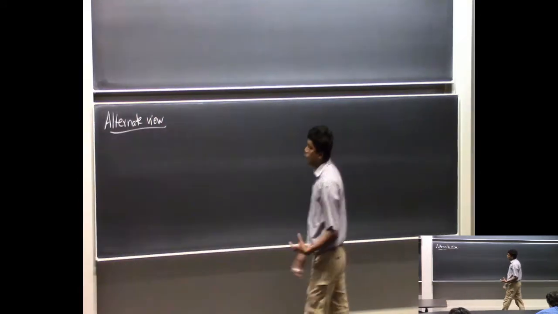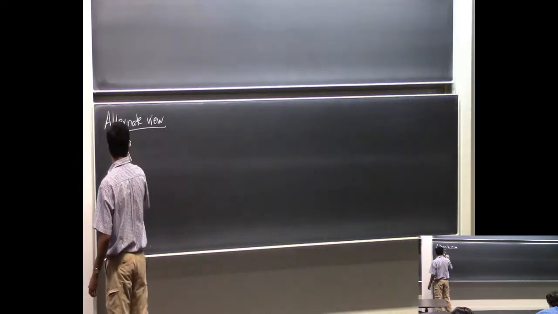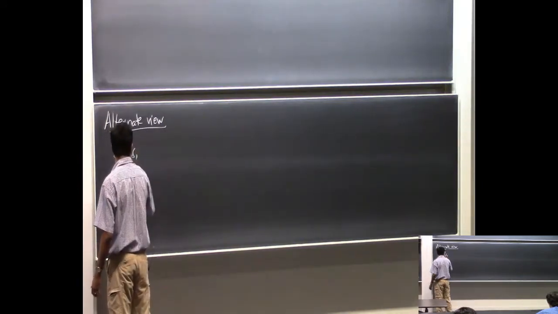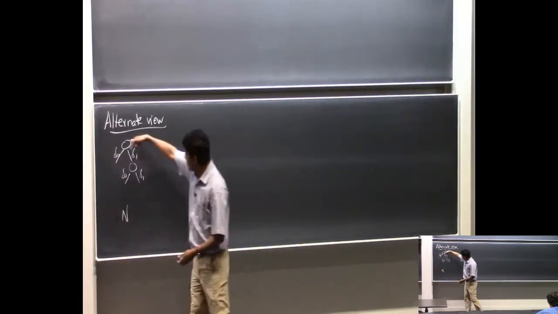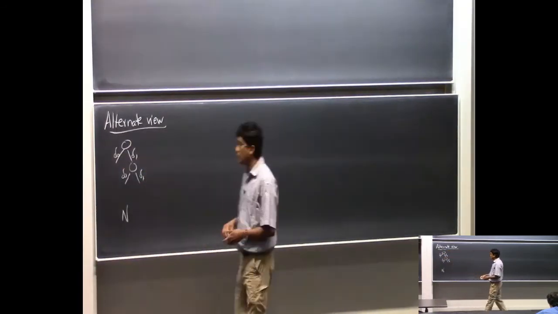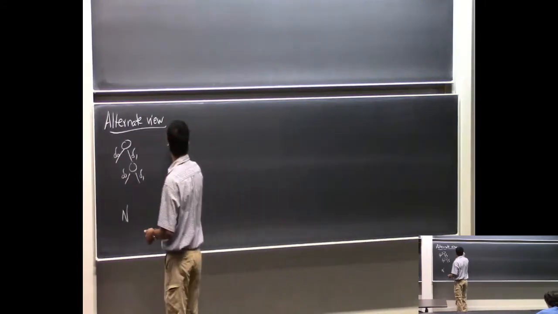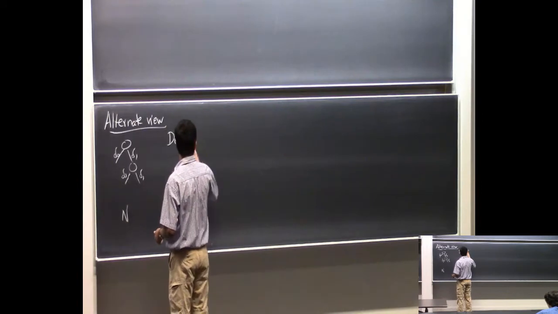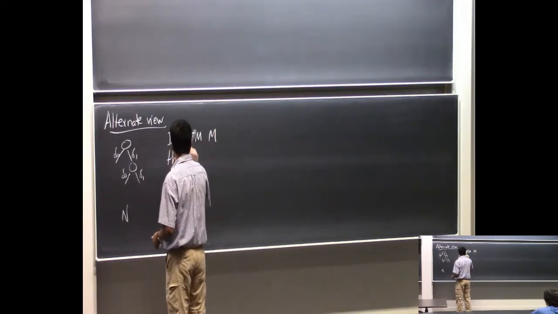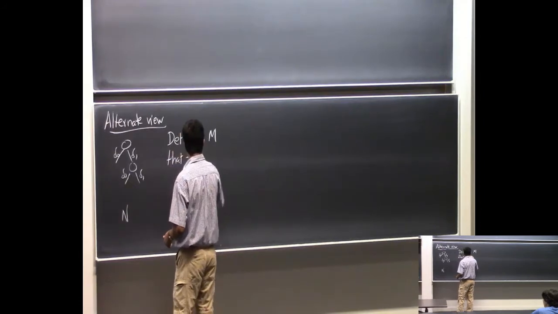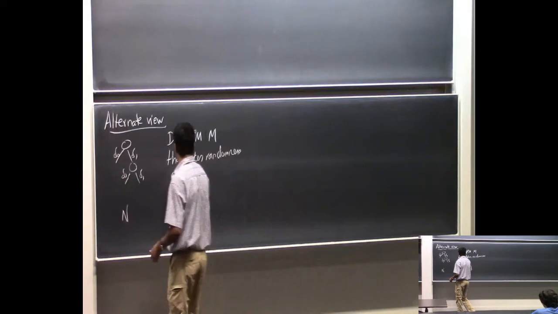So the alternate view would be that, you have this view where at each step you make a transition randomly, and this is the machine N. The machine is going to walk down this tree randomly. I want to have another view where I have a deterministic Turing machine M that takes randomness as auxiliary input.